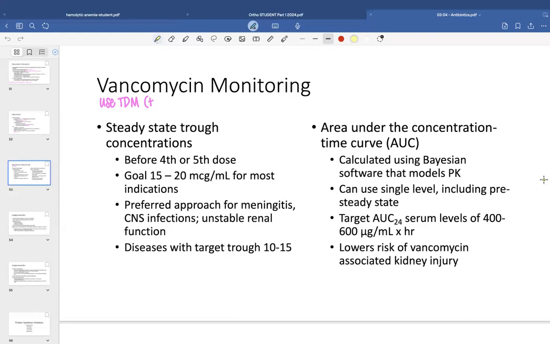And it will use modeling so that it will spit out a dose based on this individual's patient factors, what will give us a target AUC 24 in this range of 400 to 600. That basically will give you the optimal exposure over time above the MIC. And by doing that, you get a lower risk of the kidney toxicity, etc.